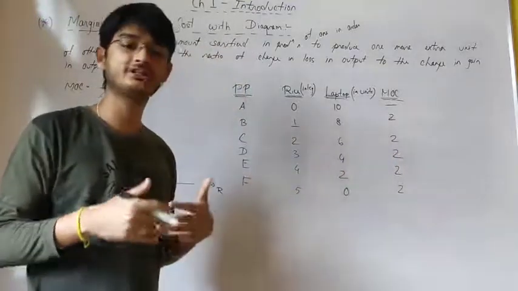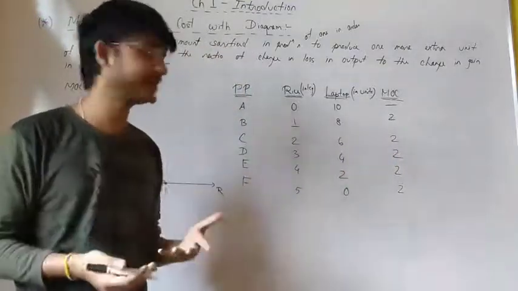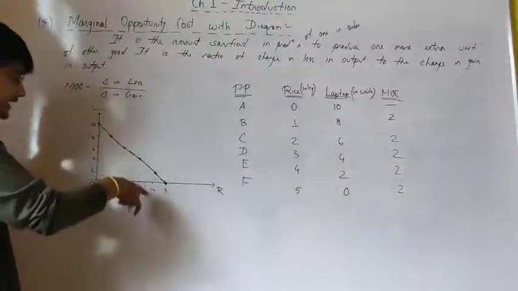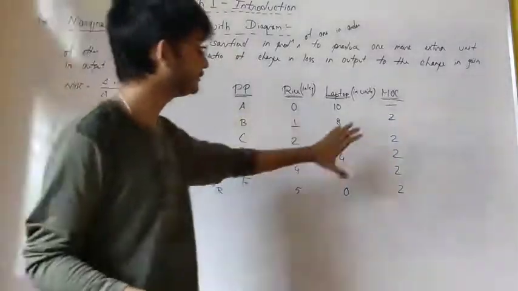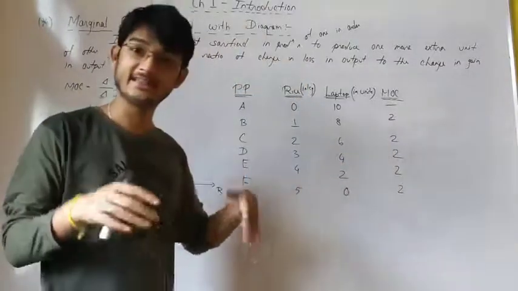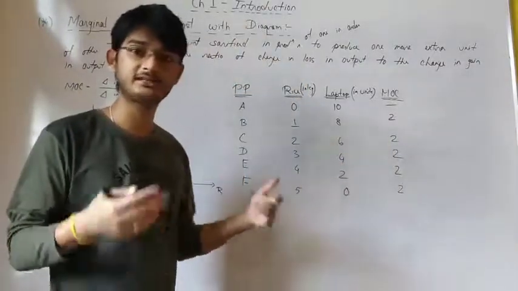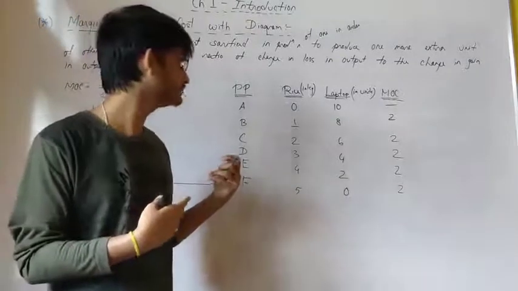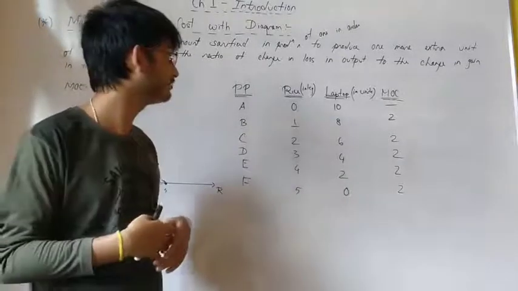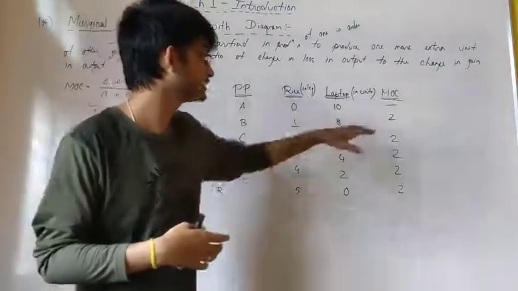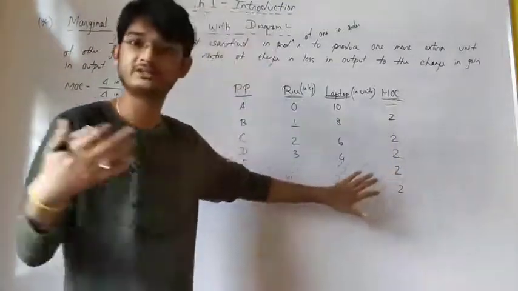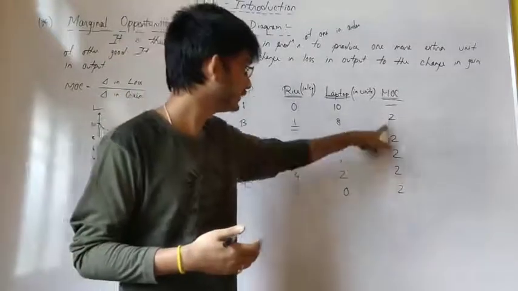Whenever marginal opportunity cost is increasing, if you want to see that, just pause this video and go back a little, and you will see that marginal opportunity cost was increasing 1, 2, 3, 4 and 5. It is increasing gradually, but here it is constant.